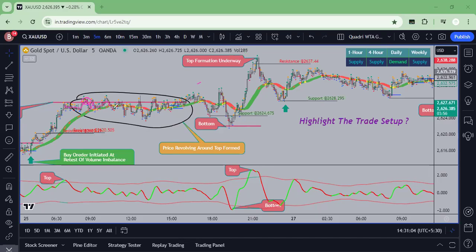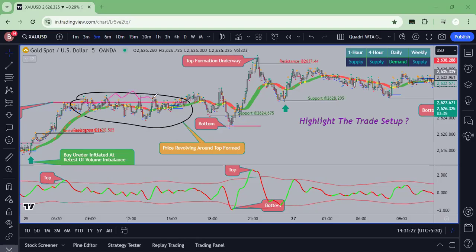If you are trading, one trade is more than enough for assessing whether the market is going to go in a particular direction or not. If that is not the case, then there is no sense in taking multiple trades.